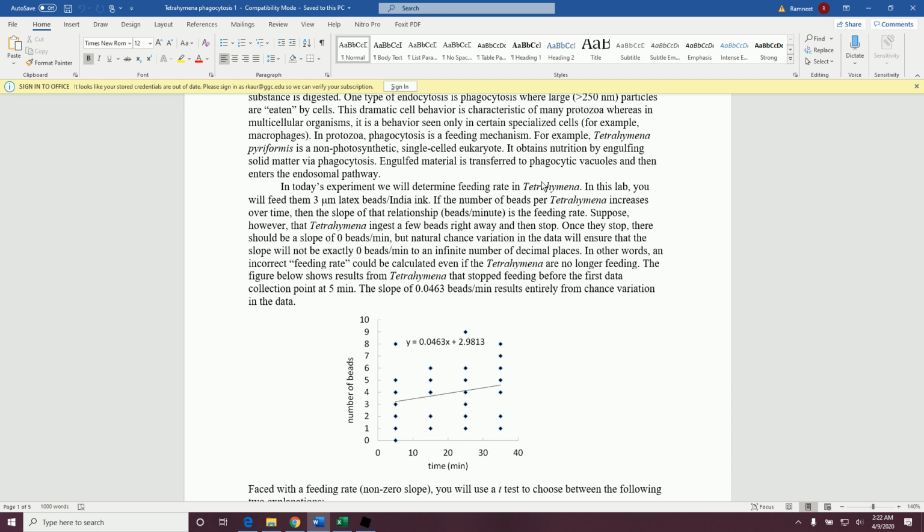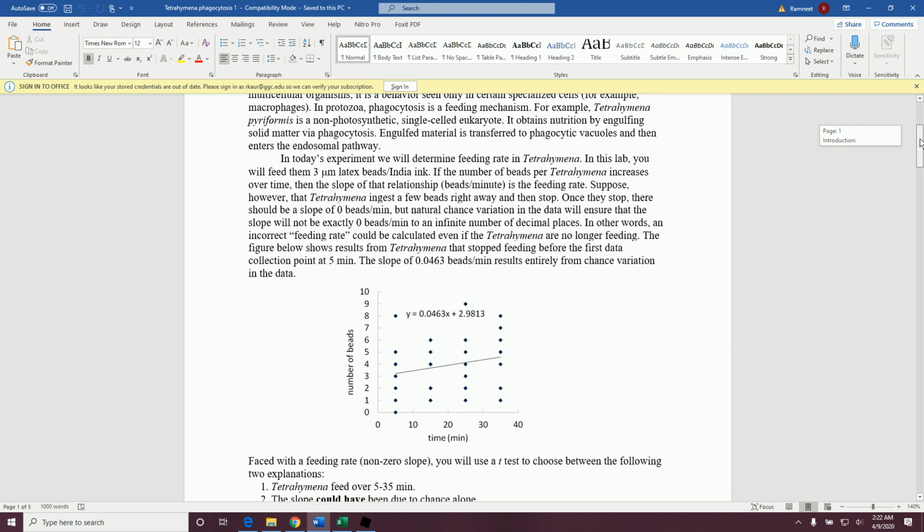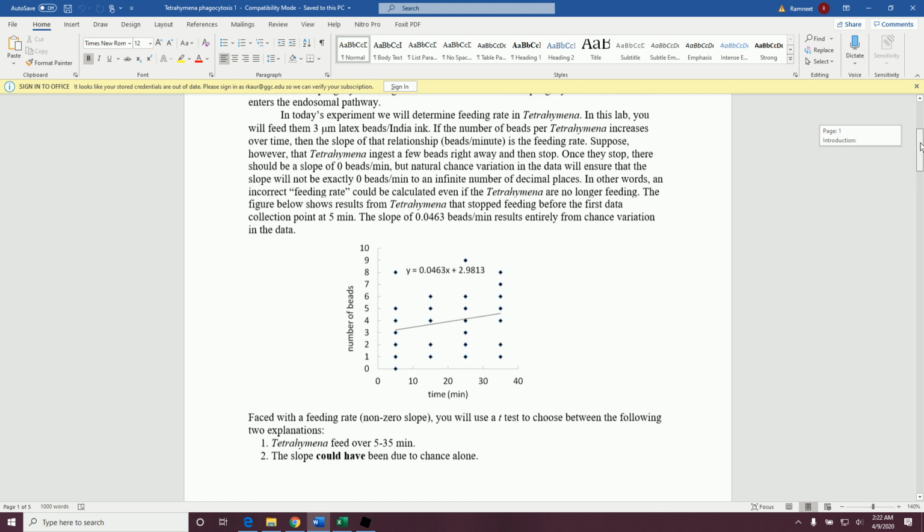On the slide, we put Lugol's dye, which is basically iodine, and then we add this mixture of the organism and the India ink onto the iodine, and it kills the Tetrahymena. Then we put the cover slip on and we can see the food vacuoles inside the Tetrahymena cell. We do this for different time periods. So this is basically the methodology.